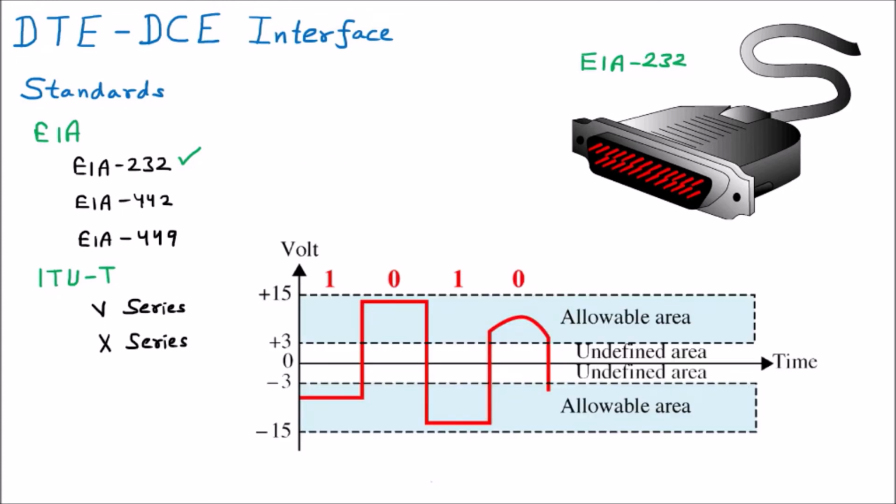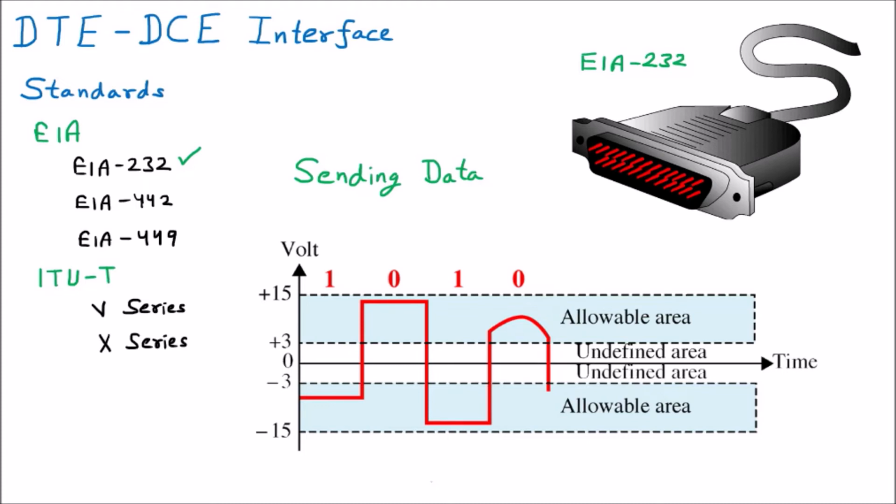Now we are learning about sending data through the EIA 232. Sending data through this EIA 232 standard of DTE and DCE means we need to know how much voltage is required for sending and how much for receiving.